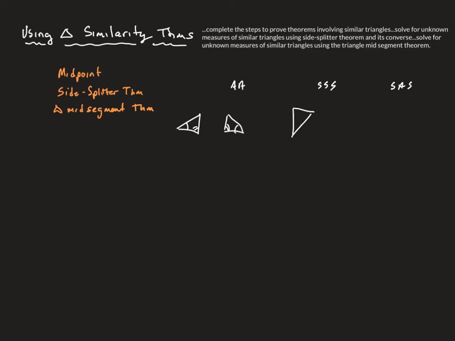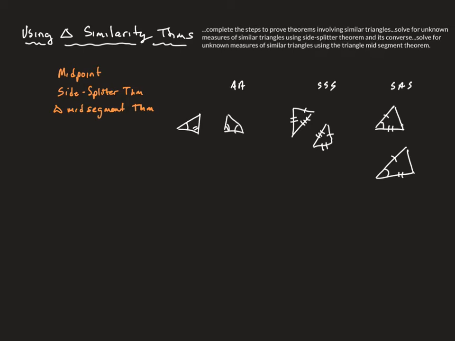For sides, we have two triangles where all three sides are proportional. And then the side-angle-side. Don't mind my poor drawing of triangles. So those are just some of the similarity theorems that we have used.